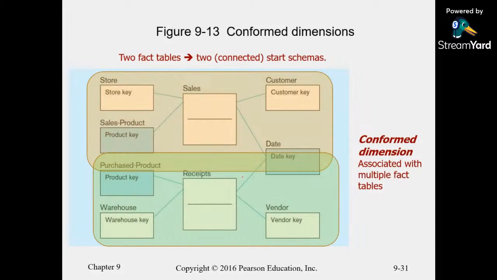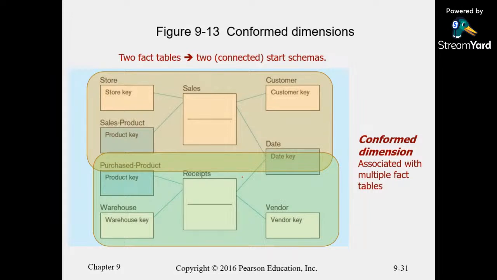So here we see a typical situation where multiple fact tables have two related star schemas. In this example there are two fact tables, one at the center of each star. We have the sales fact, about sales of products to customers in a store on a date, and then the receipt fact, about receipt of a product from a vendor to a warehouse on a date.